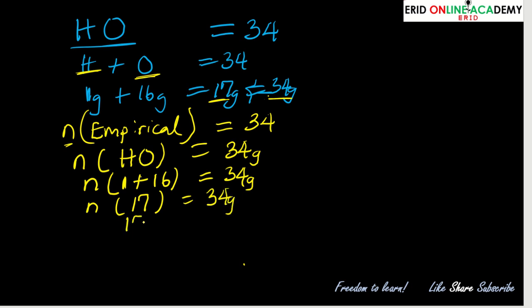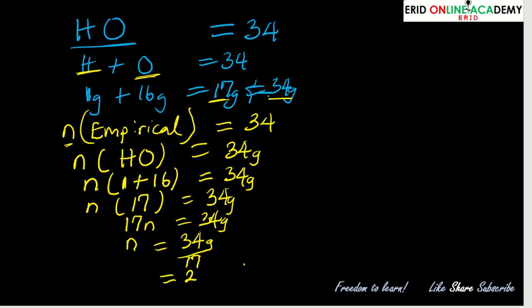So we look at this bracket: n(1 plus 16) will give us 34 grams. 1 plus 16 is 17, so we have 17n equals 34 grams. Let's find n. n will be equal to 34 grams divided by 17, and that equals 2. So n equals 2.